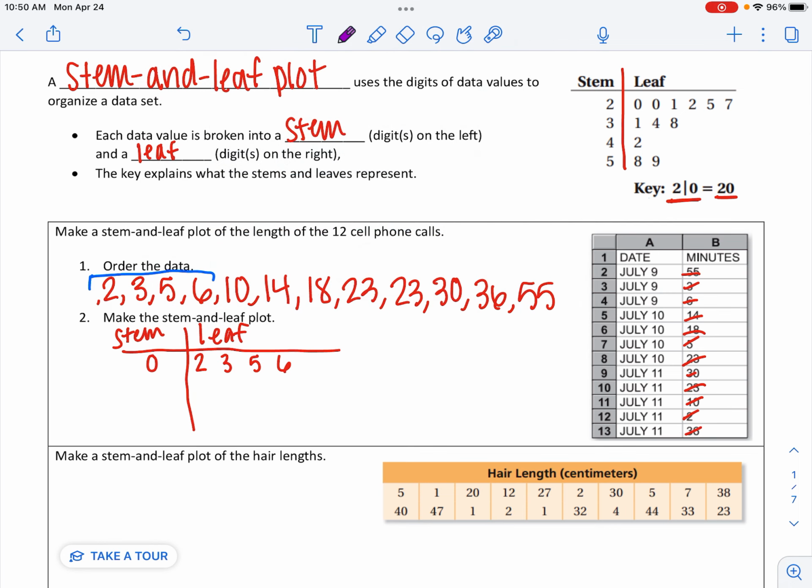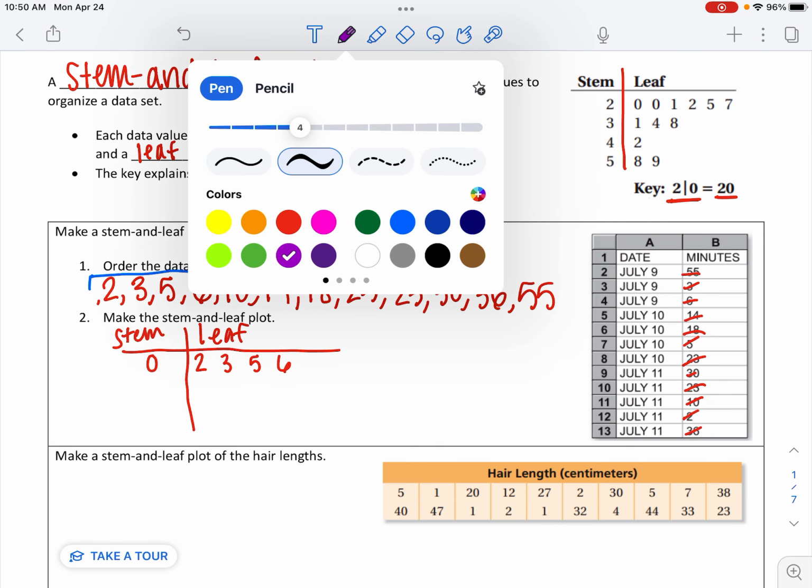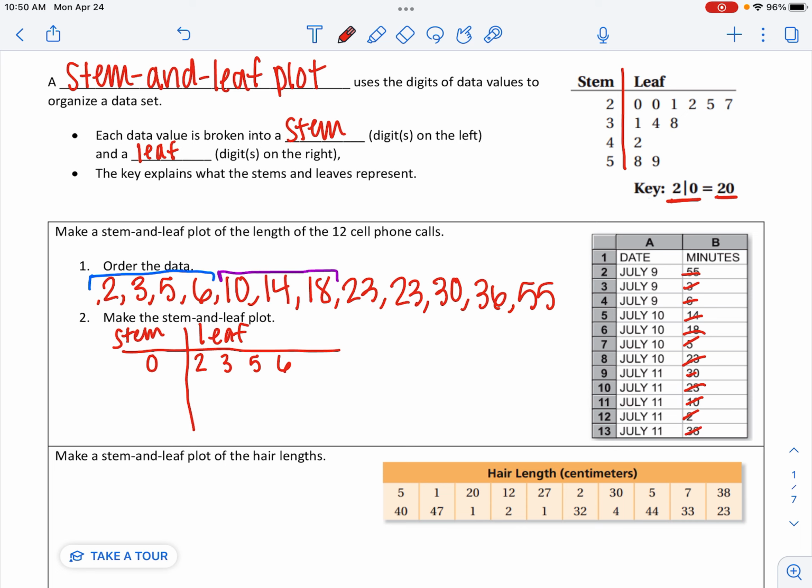Next, we have our tens. There's going to be a 1 on the left side to represent that it's the tens place, and to represent that all of these are 10. And then we would write a 0, because that's for 10.